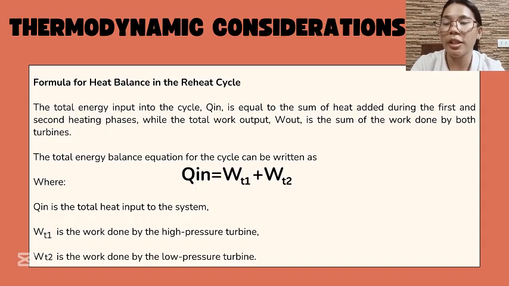Each turbine's work is determined by the enthalpy difference between the inlet and outlet states of the steam, which are found from the steam tables or Mollier's diagram.